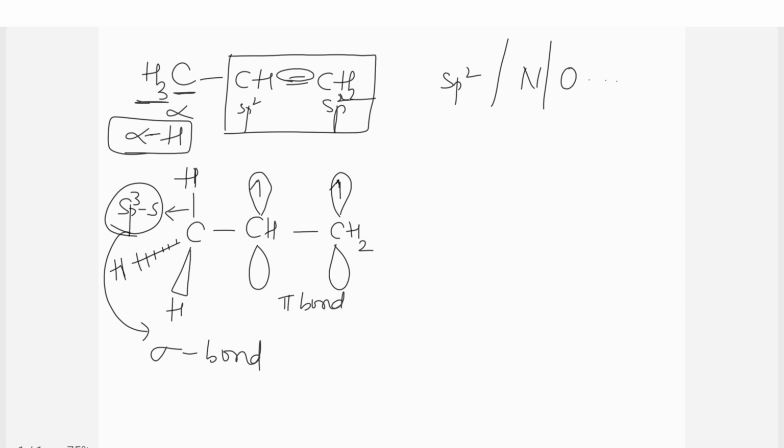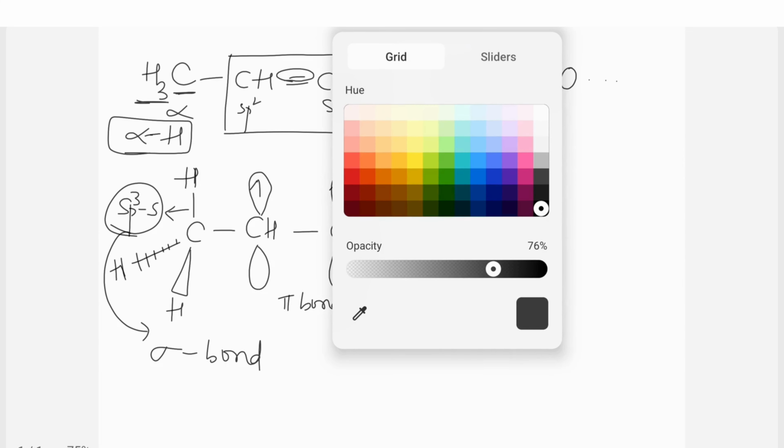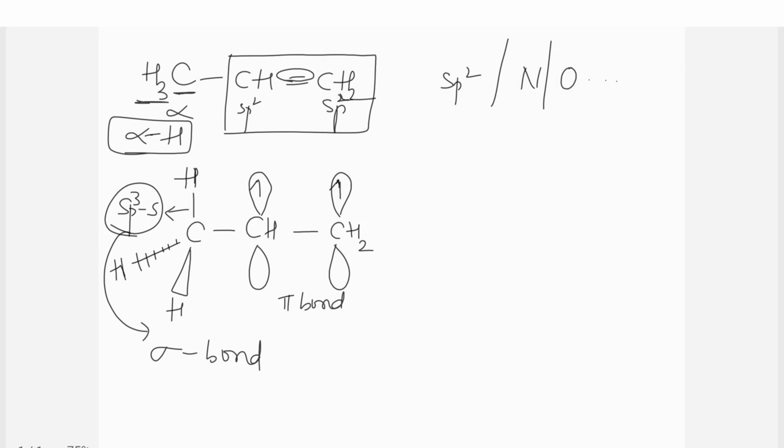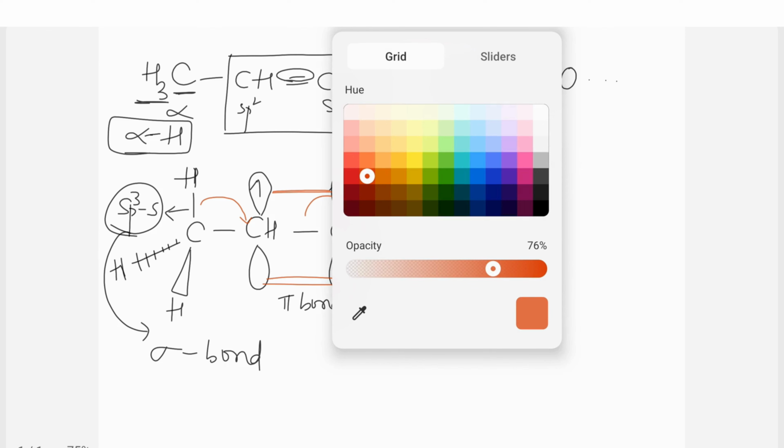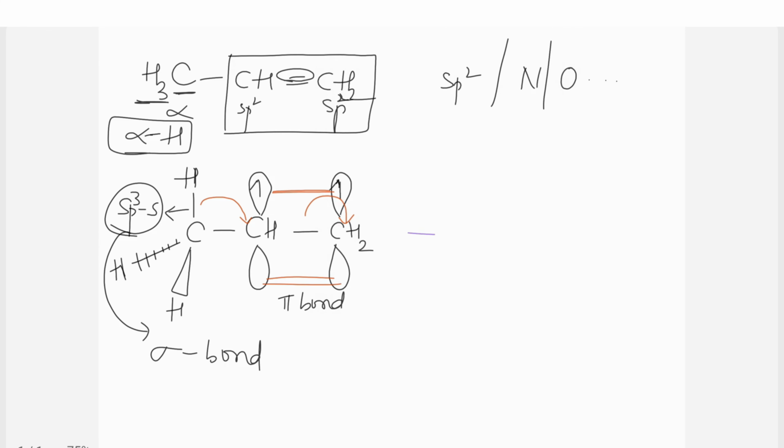Now what we observe here is that these sigma bonded electrons are shifted towards this side, and the pi bonded electrons are shifted towards this carbon. So accordingly we can observe the formation of CH2.